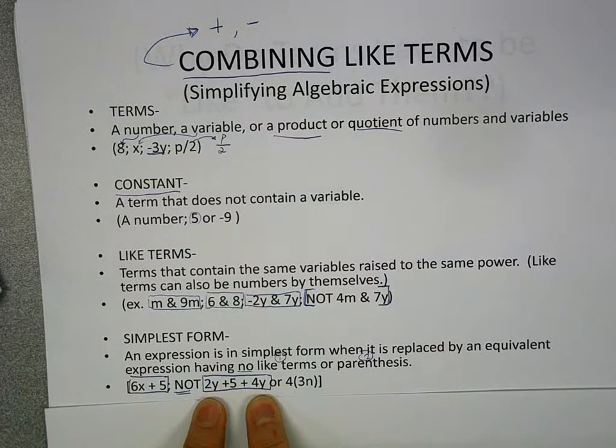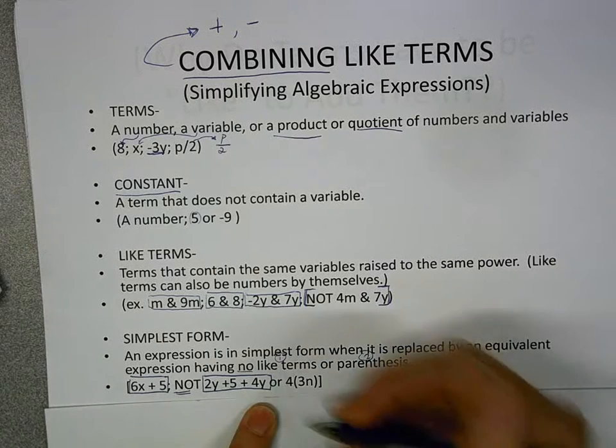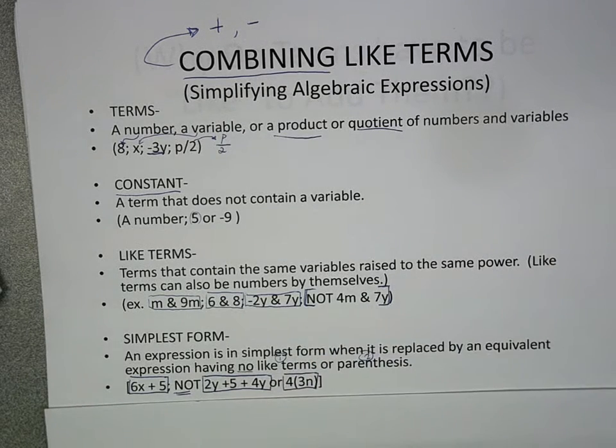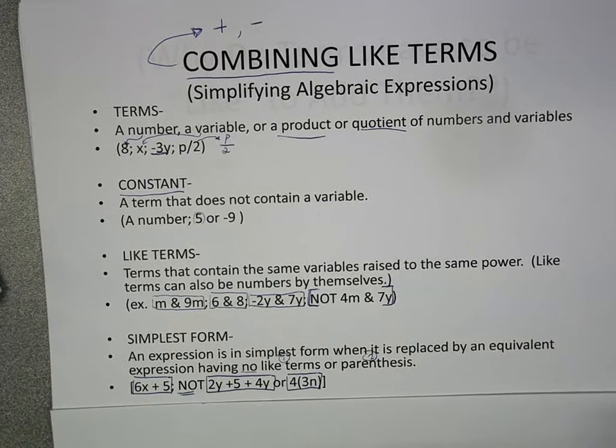You have like terms. So it can be simplified. Another one is this. 4, and then in parentheses, 3n. You can actually simplify that. That's not in simplest form.